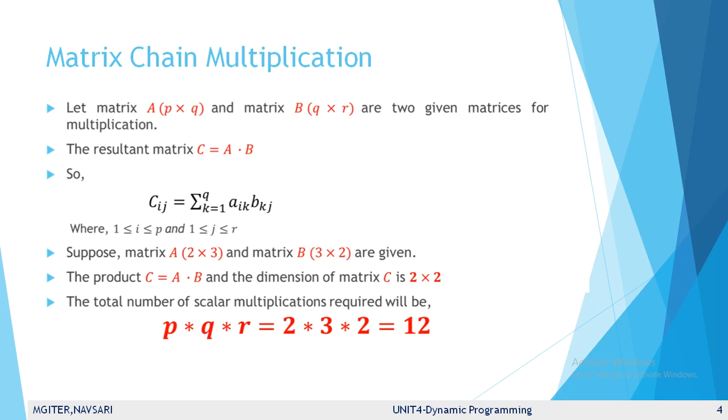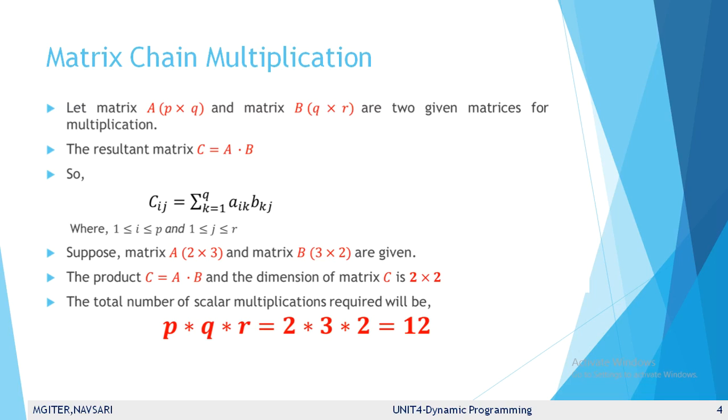Suppose there are n matrices A1, A2 up to An of dimensions p1 cross p2, p2 cross p3, p3 cross p4, up to pn cross p(n+1) respectively. The main goal of matrix chain multiplication is to compute the matrix product A1 A2 up to An.